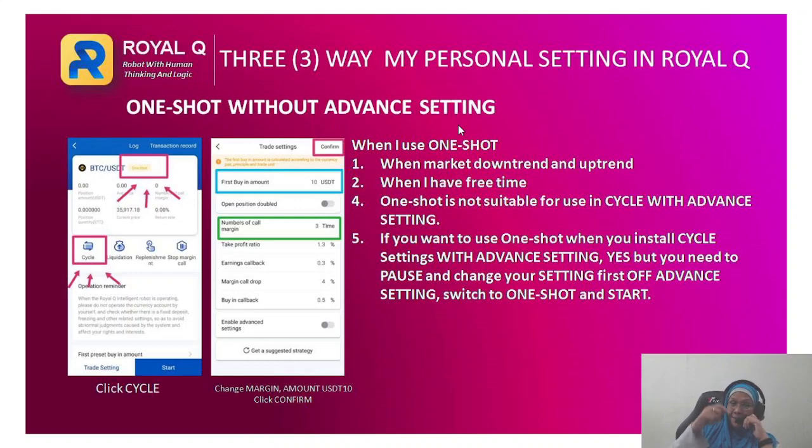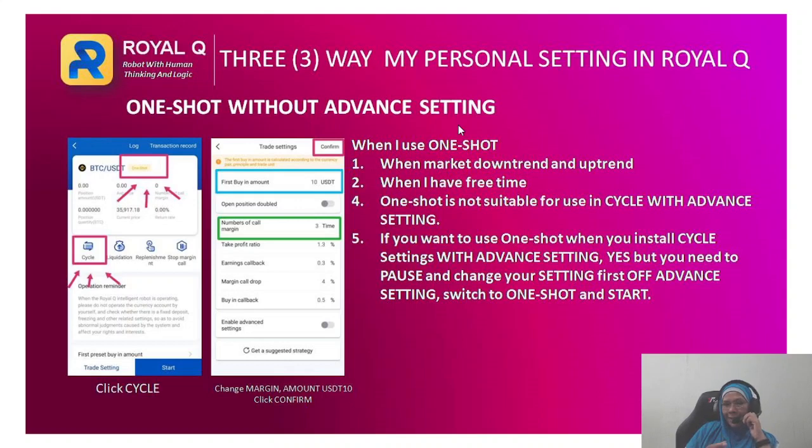For the newbie, let's say is scared to put the cycle or whatever, you can use one shot, but you have to monitor. The second one shot also, it can become floating loss. So it depends on you.